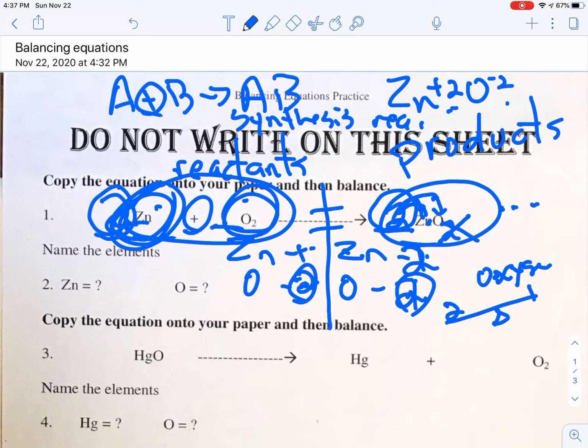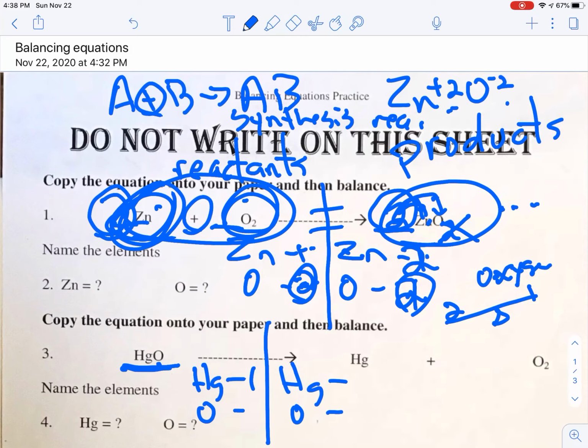Okay, let's try one more. In this case, I'm going to put a line down through, and I have some Hg, that's mercury, and we have oxygen again. On the reactant side, how many mercuries do you see? 1. And how many oxygens? 1. How many mercuries on the right side? 1. But how many oxygens are there? There's 2. See how similar that looks to the first one?